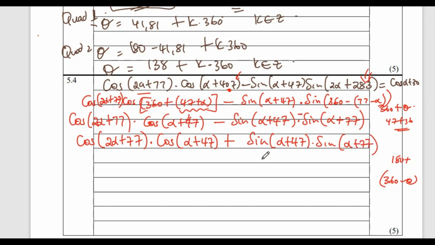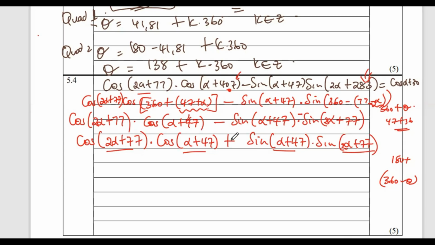So this is a compound angle, but it's a compound angle of cos. What happened? There was a 2 alpha, man. It's meant to be a 2 alpha somewhere here, so that this is also 2 alpha and 2 alpha. Okay, so then, because we can see 2 alpha 77, 2 alpha 77, alpha 47, alpha 47. So it's just a compound angle, of course.